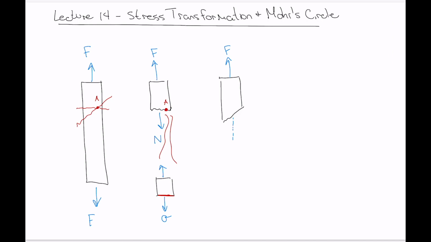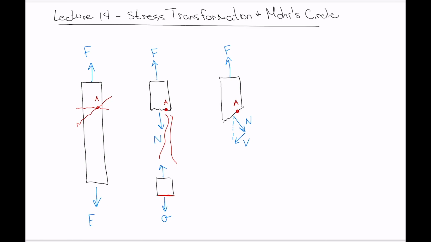So the vector sum has to add up to this, so we'd have a normal force component and a shear component. So here's N, here's V, and here's point A there. So now we've got an internal normal force and an internal shear force.